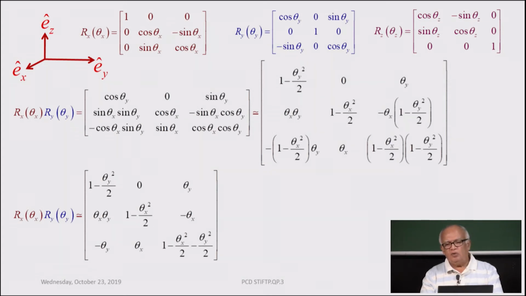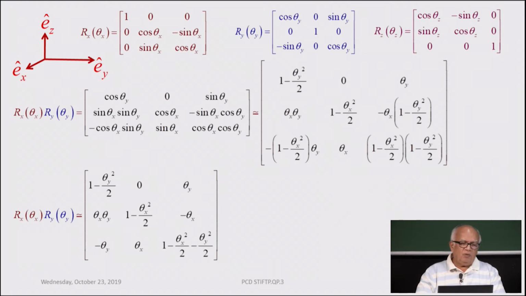All you are doing is multiplying the matrices, and you will get terms in theta to the power 4, for example, or theta cube when you do this matrix multiplication. Retain terms only up to the quadratic terms, theta to the power 2, and the result is what I have in the bottom row. The rest of it you can work out very easily, so I am not going to do it step by step.